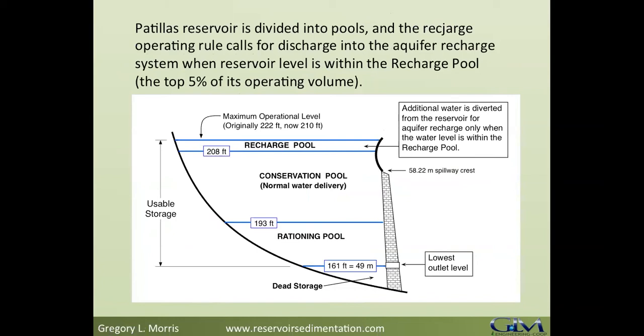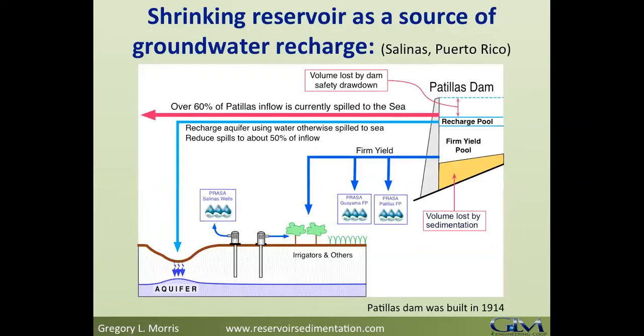Once the water level goes into this recharge pool, water will be delivered to the recharge system. This is an additional extraction from the reservoir, in addition to the normal rate of withdrawal. When the water level drops back down into the conservation pool, there's no recharge. And by doing this, we're able to deliver approximately double the amount of water that's used by municipal users in Salinas.